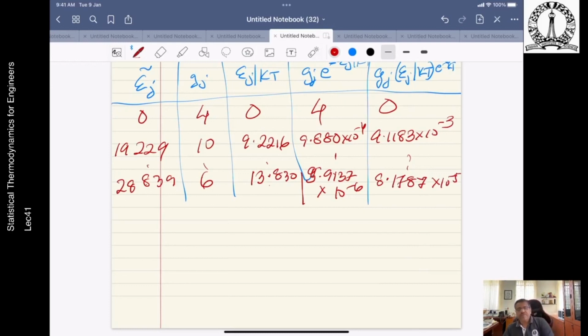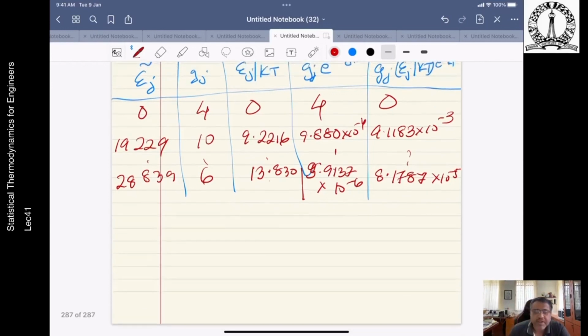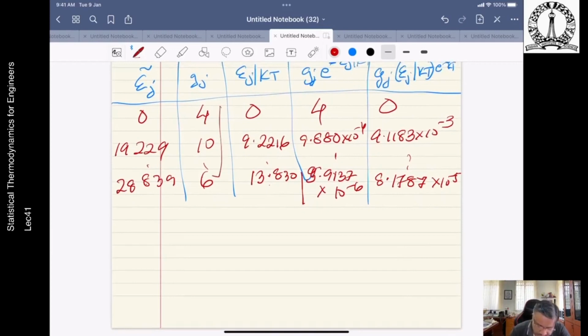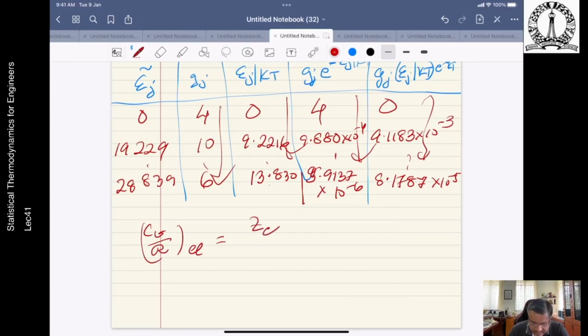So for the final row of the table, you sum up across these levels, because that is what is required. So your Cv by R for electronic will be equal to, once again, let us write it, electronic.